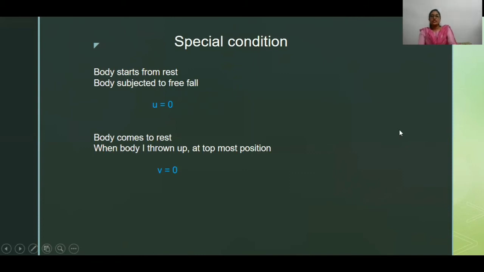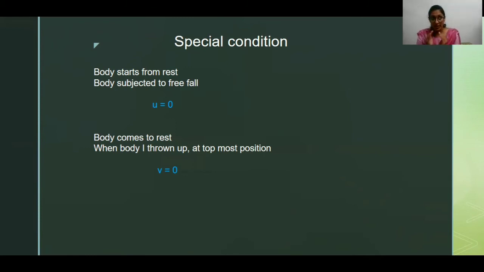Now there are two special conditions. First, when a body starts from rest, its initial velocity is equal to 0, that is u is equal to 0. When a body is subjected to free fall, its initial velocity u is equal to 0. That means if a bus starts from a bus stop, its initial velocity is 0.